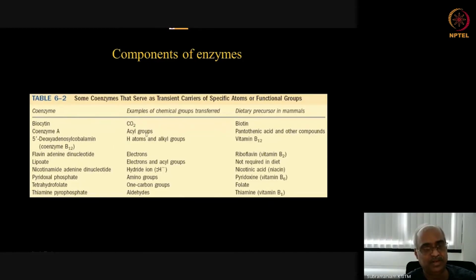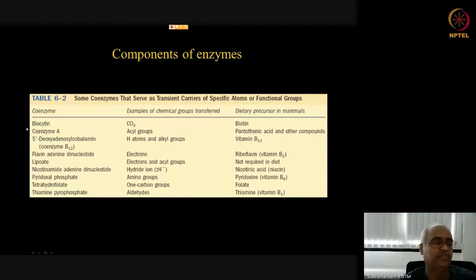This is important in glycolysis itself, the process by which glucose is converted into pyruvate, and so on. So here you have a list of coenzymes and the group transfer in which they are involved. They are primarily involved in group transfers, meaning one group is being transferred from one molecule to another molecule.